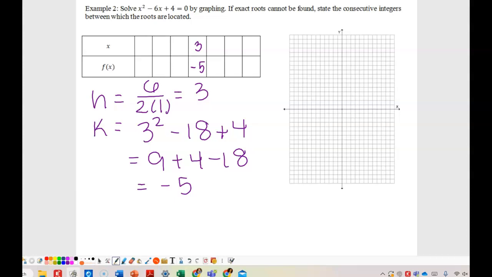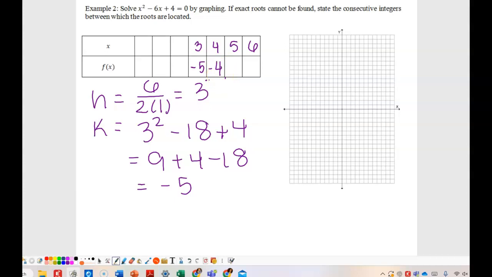So then this would be my plus-1s for my h's. And then these are the y equals a plus k. So here would be 1 times a, which is 1, so 1 times 1, plus k, which is -5. So 1 minus 5 is -4.